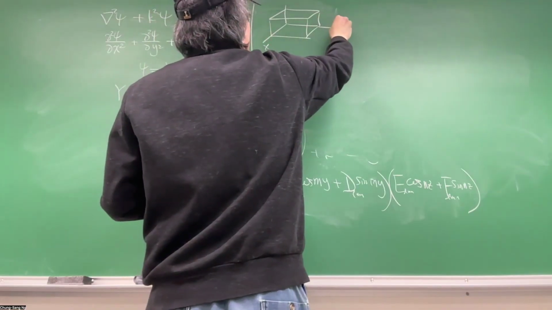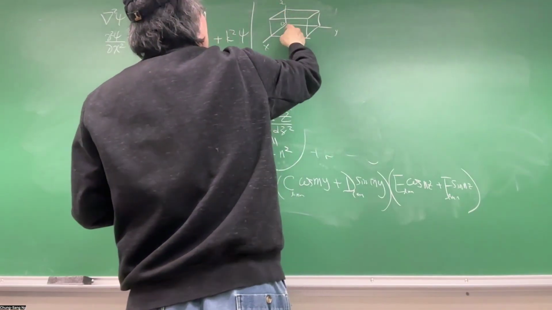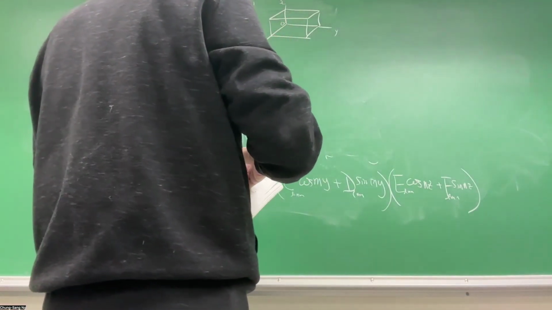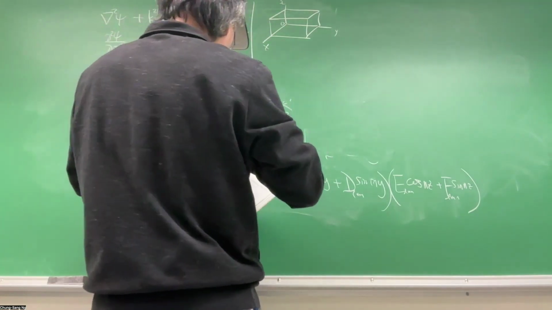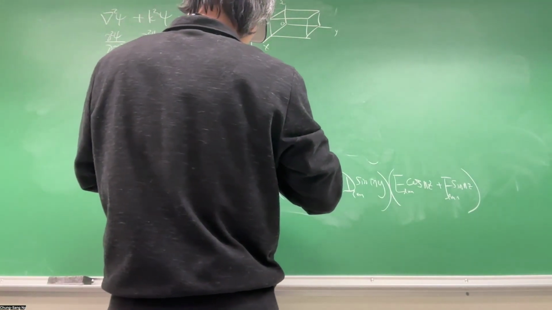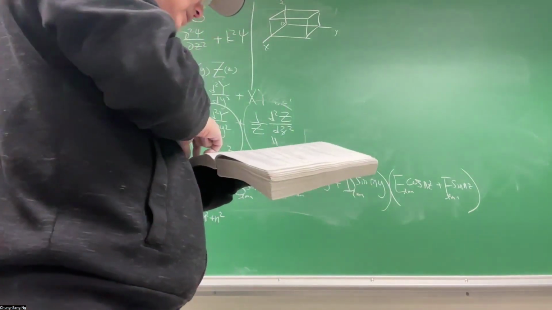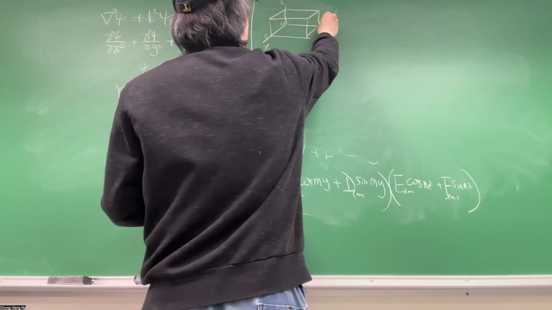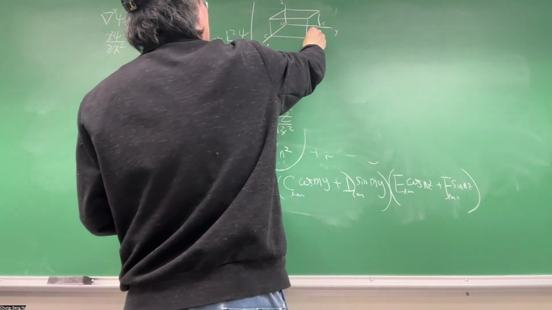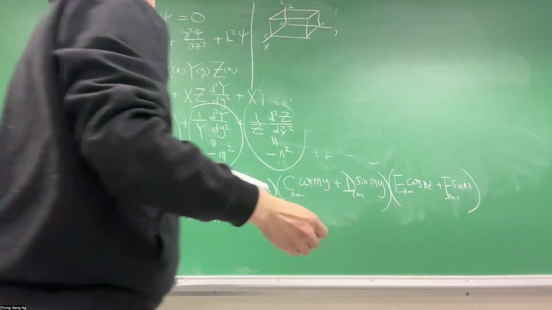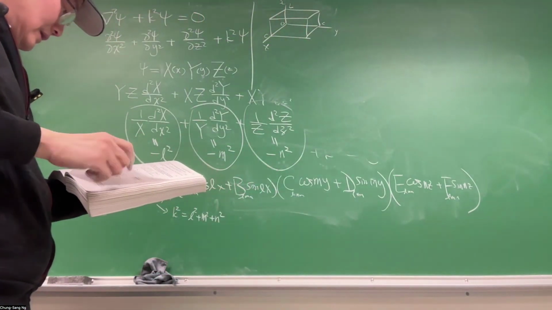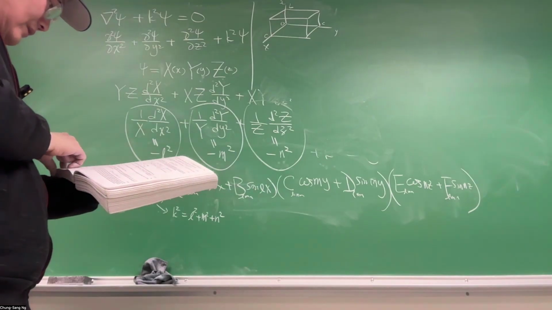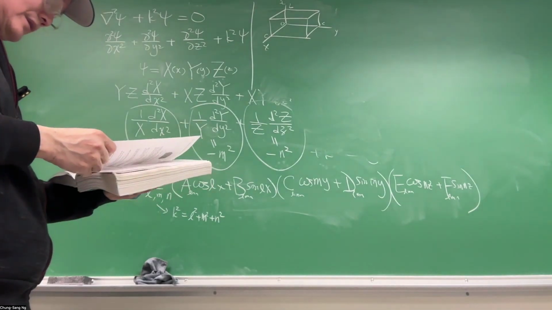The coordinates are x, y, z, and the origin is one corner. My coordinates are written a little differently: for your textbook, x and y both go from 0 to c, so the xy plane is a square, and z goes from 0 to L. K is 0.